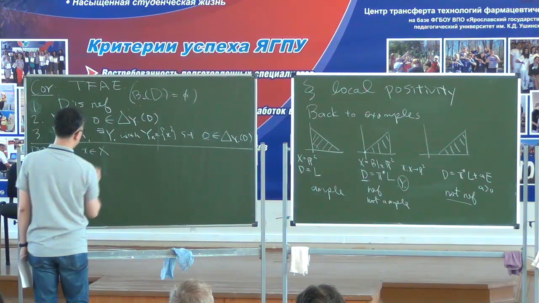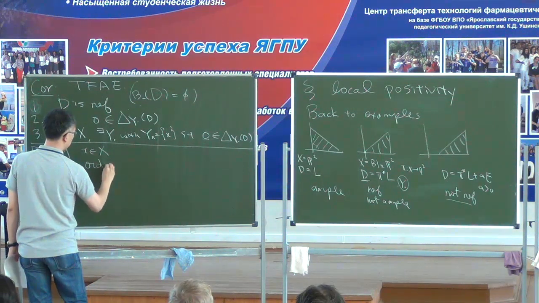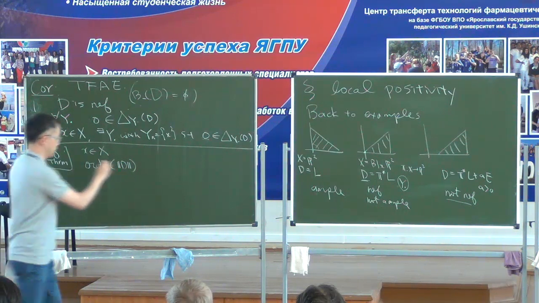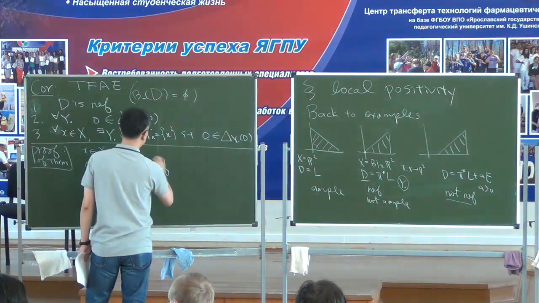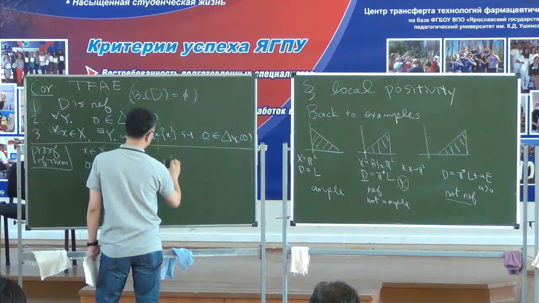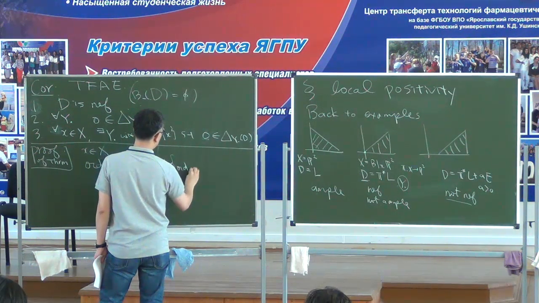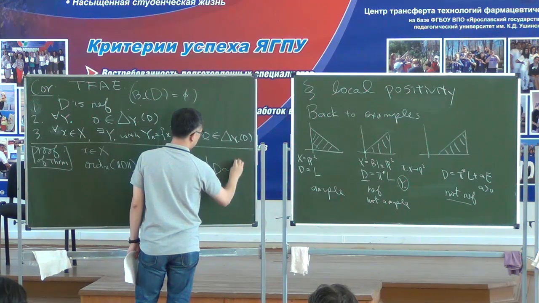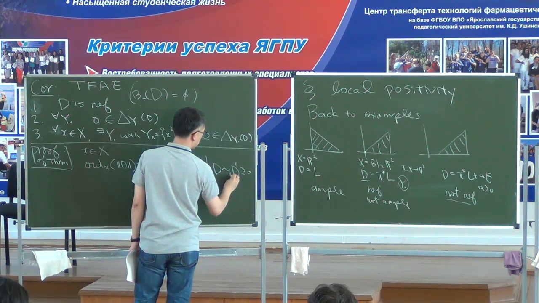If X is a point, then you can define the asymptotic order of the divisor D as the infimum of the order at X of D prime, where D prime is effective, and you can take Q-divisors.